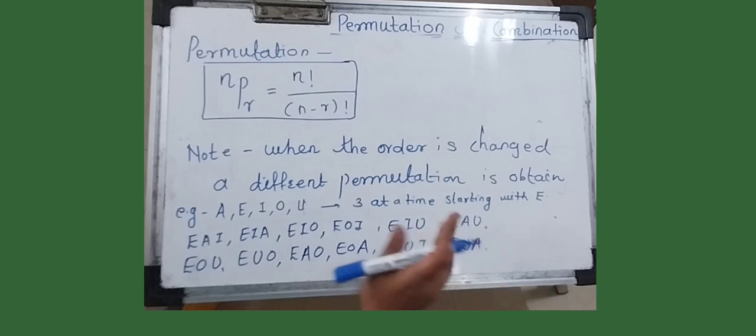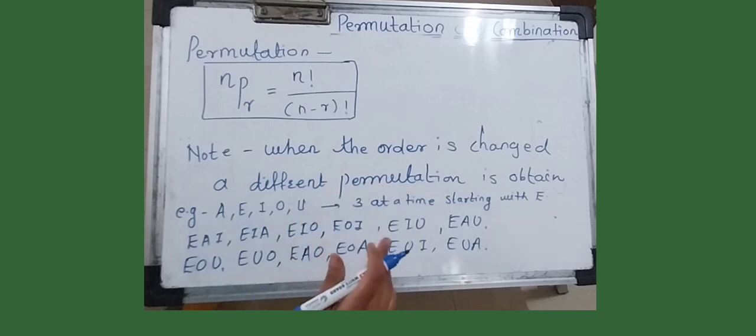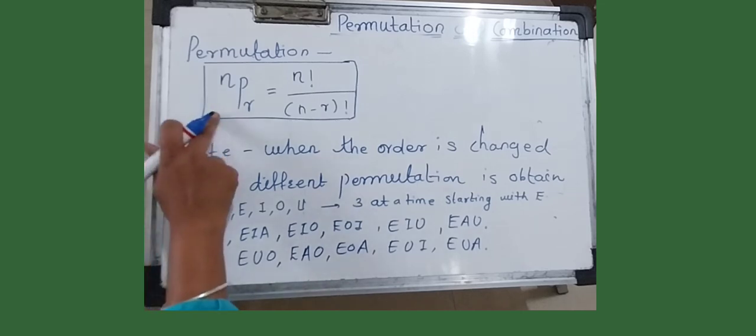So this is the permutation. Clearly there are 12 permutations, not more than 12. Try it out. This is called the permutation.